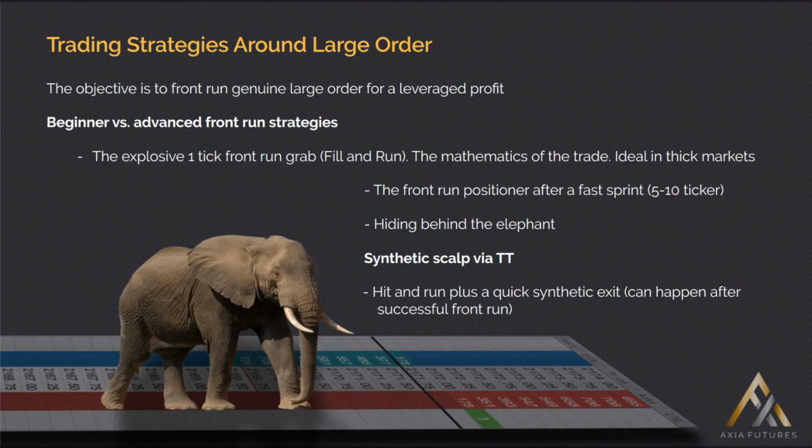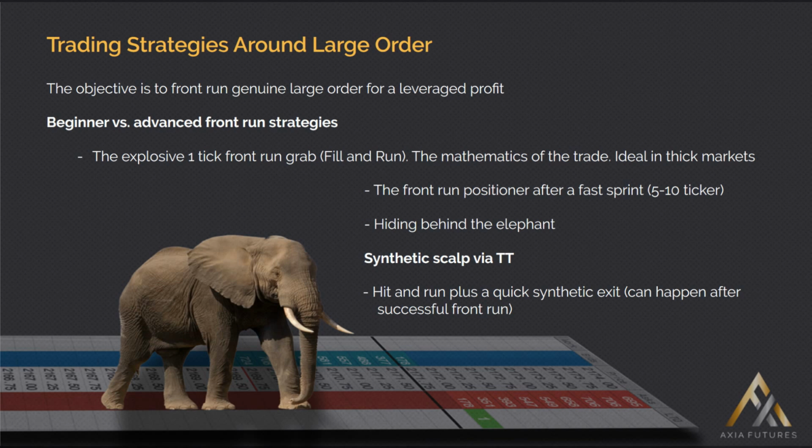Okay, now the exciting part, trading strategies around large orders. The objective when you observe these large orders is to front run genuine large orders for a highly leveraged profit. We have some of our traders here at Axia Futures who will observe large orders in some very thick, liquid markets, and what they try to do is have a one tick risk and a one tick reward, but they're doing it with such large size.